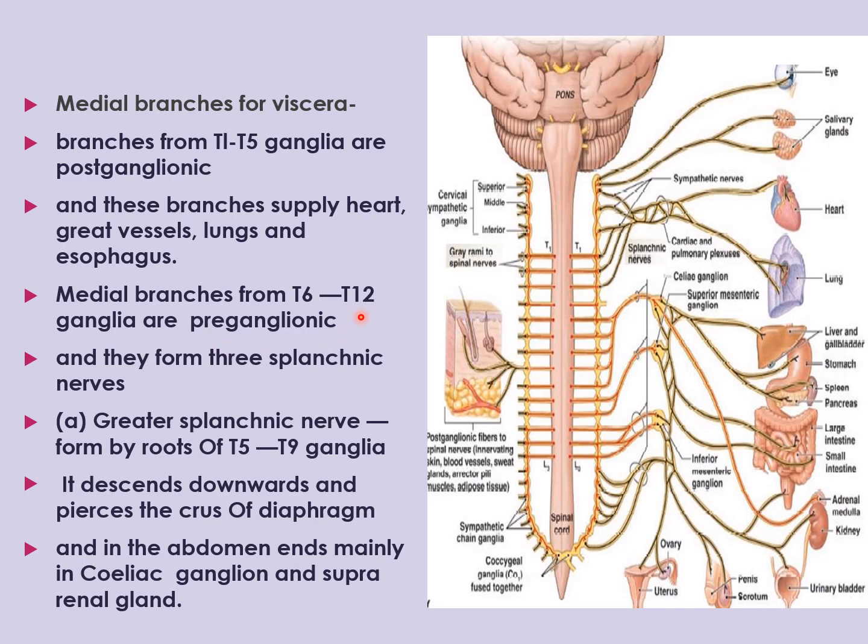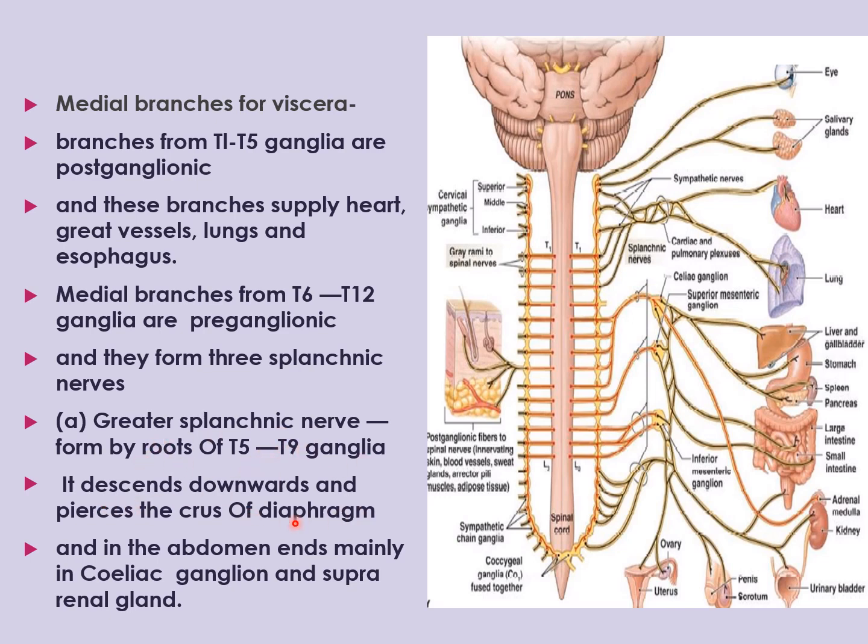Medial branches from T6 to T12 ganglia are preganglionic and they form three splanchnic nerves. Number one, the greater splanchnic nerve, formed by the roots of T5 to T9 ganglia.